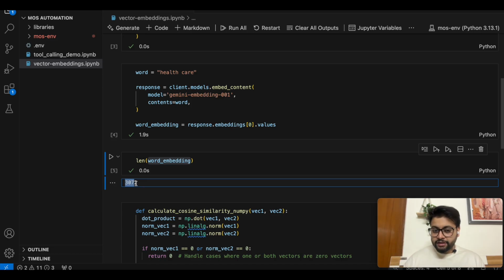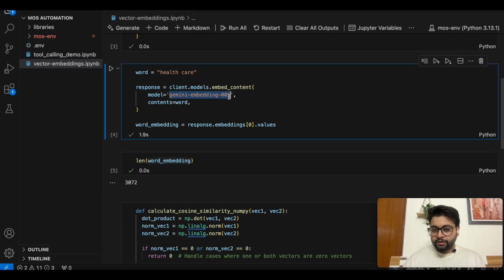So here it is 3072, meaning the Gemini Embedding 001 model has a dimension of 3072. It uses 3072 real numbers to represent each word, phrase, or sentence, so it is represented in a 3072-dimensional hyperspace.